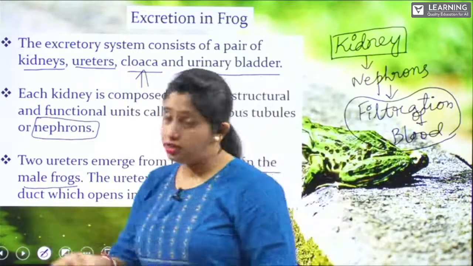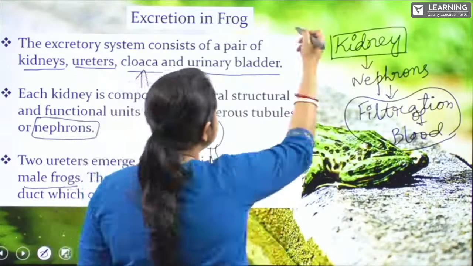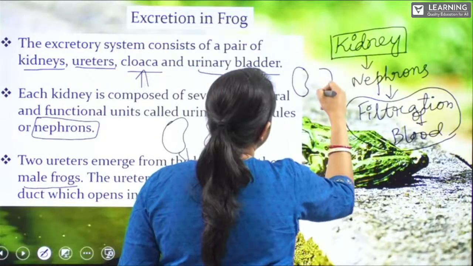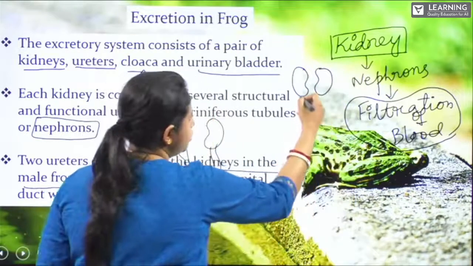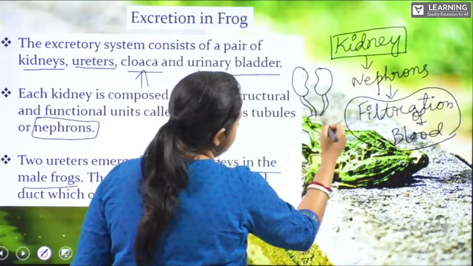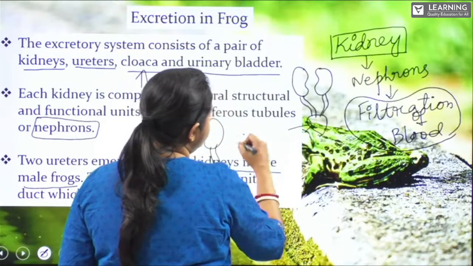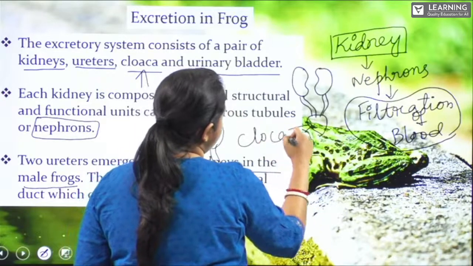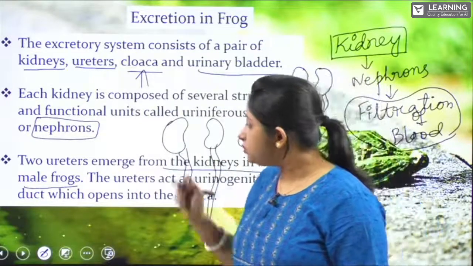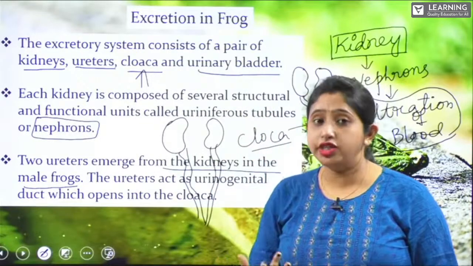Let me draw it here properly. If this is a kidney, from here the ureter comes, and it goes here, and this is the opening, that is the cloaca. Through the cloaca, excretion takes place.